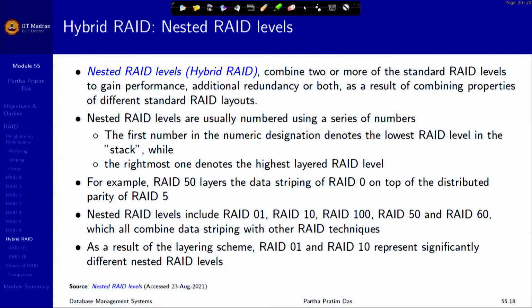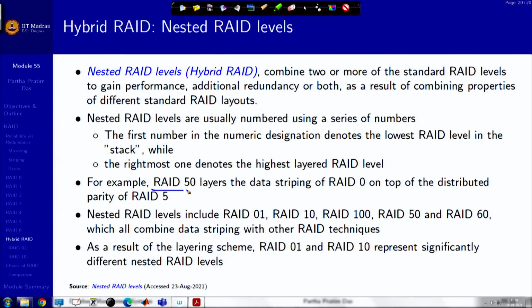So, for example, RAID 50 is not fifty, it is 5 and 0. It has a lower layer which is RAID 0, that is it will stripe, and it has an upper layer which is RAID 5, which is distributed parity. In that way, you can improve the performance of certain combinations.